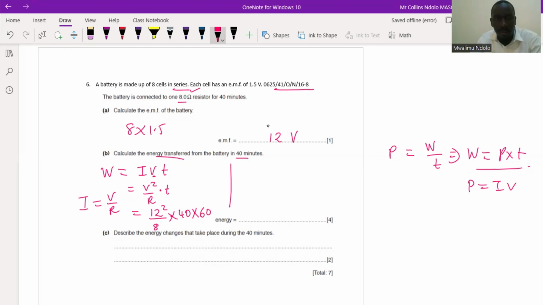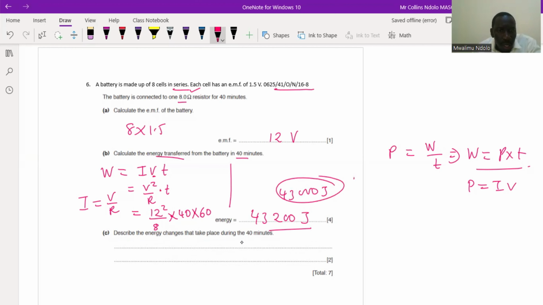So that will be 40 times 60 times 12 squared. We divide everything by 8, and that gives us 43,200 joules, which you can just write as 43,000 joules to two significant figures.